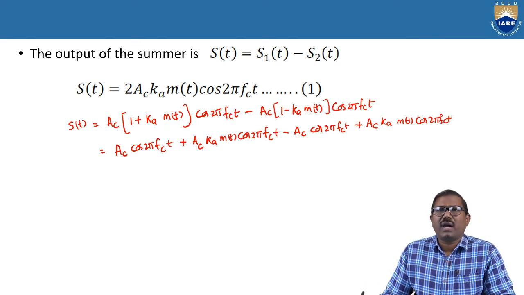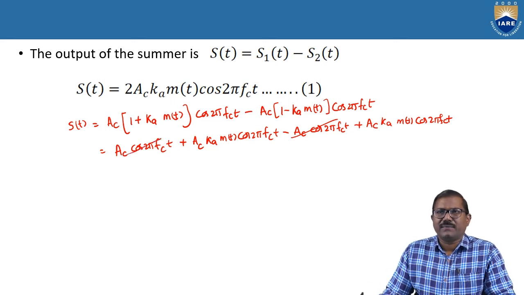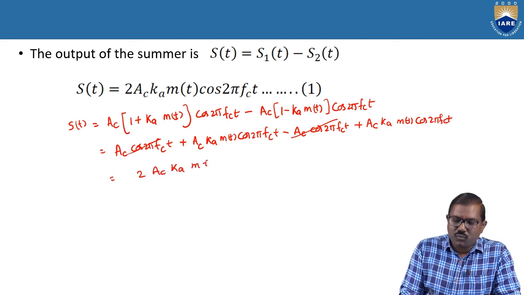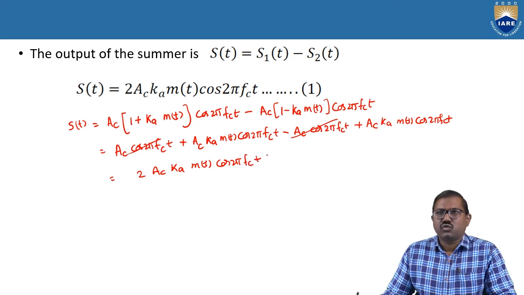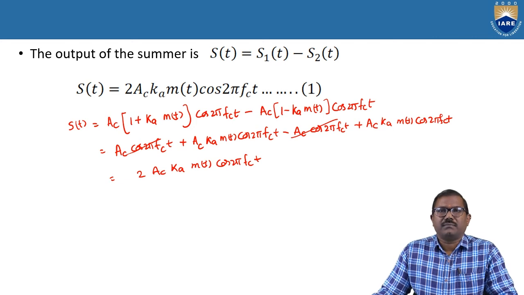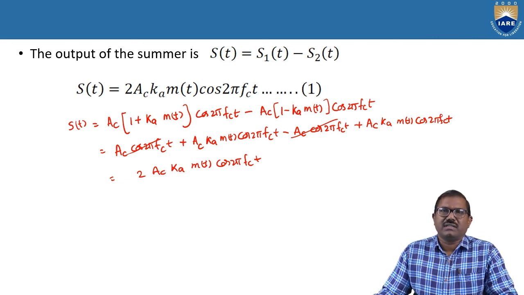In this equation we have Ac cos 2 pi fct and again minus Ac cos 2 pi fct, so both cancel each other, and finally what we get is 2 Ac Ka m of t cos 2 pi fct. This is the output of the summer.